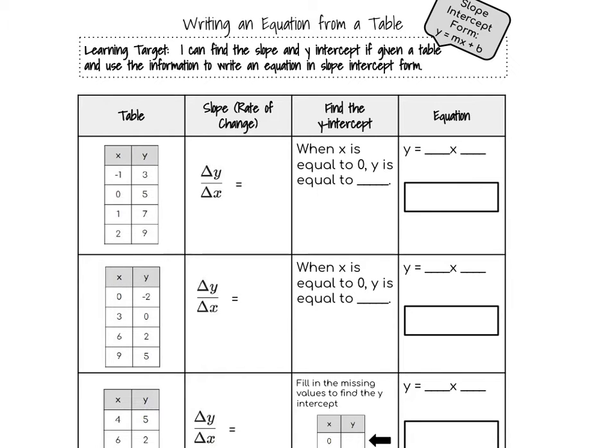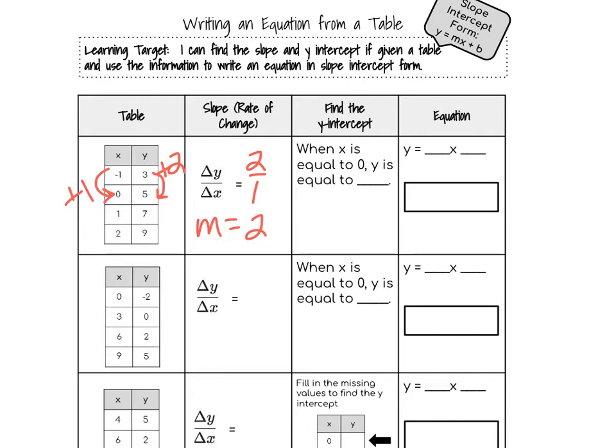Okay, so to find the slope, which is the rate of change, in the table, we talk about the change in y over the change in x. Okay, and you only need 2 points to do this with. You don't need the entire table. Okay, so the change in y, to go from 3 to 5, I add 2. And the change in x, I add 1. So my slope is 2 over 1. So I can just write that as 2.